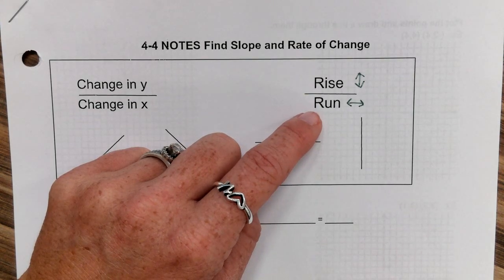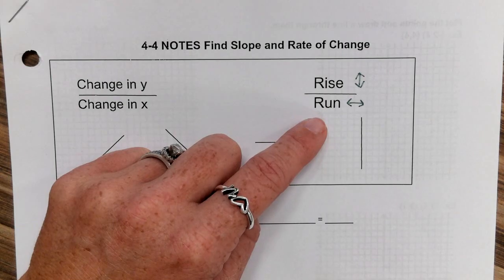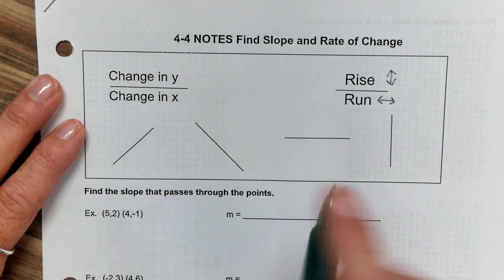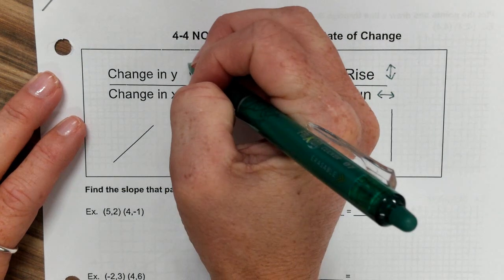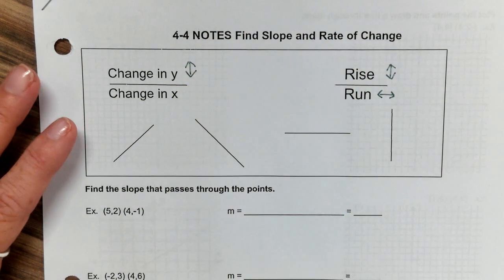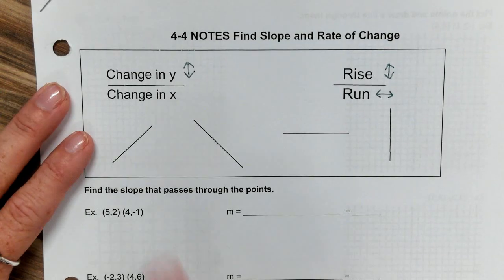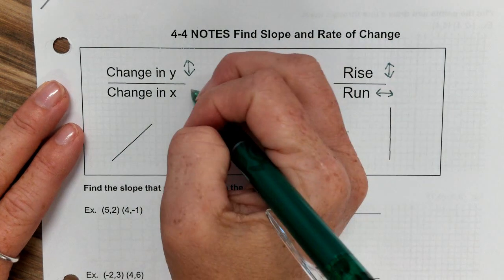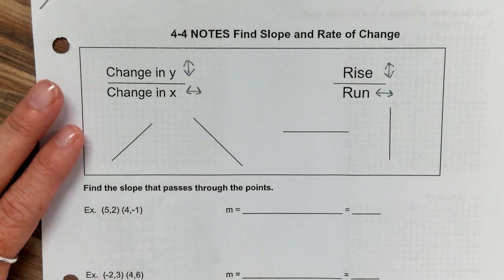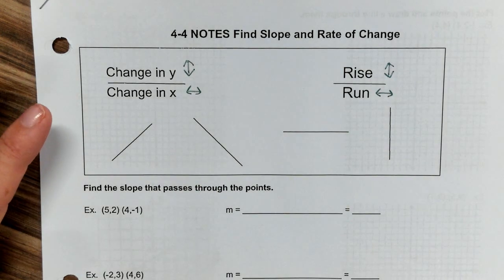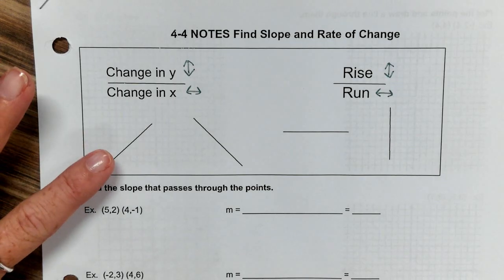When you don't have a graph, how do you find the slope? And to do that, it's the change in y over the change in x. Because the change in y is the change going up or down, because the y-axis goes up and down. The change in x is the change going left to right. Are we good?